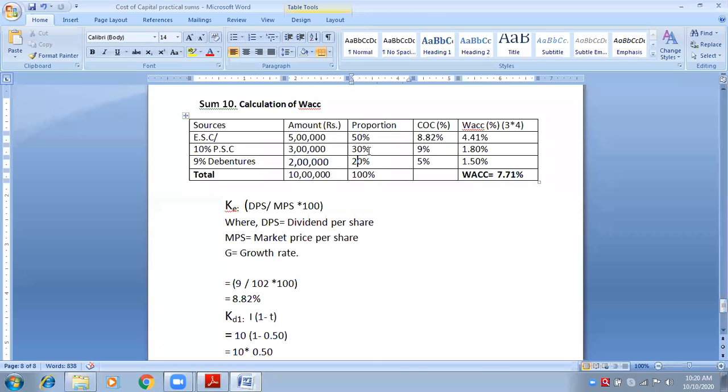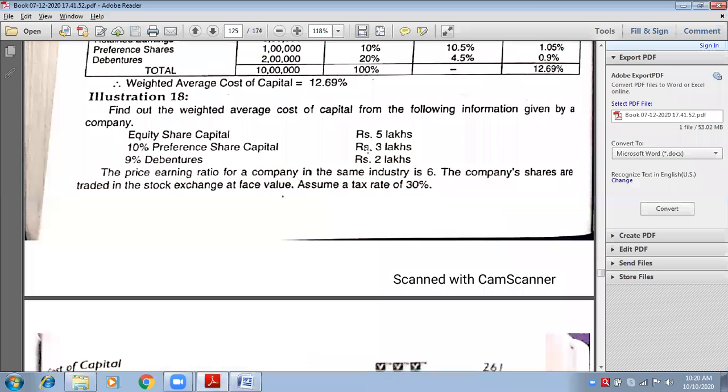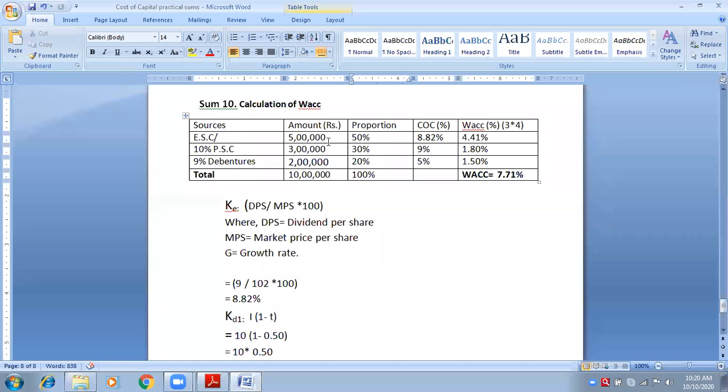Now COC, cost of capital for equity. For equity, we need to calculate. Price earning ratio is given. In short, we call it PE ratio, price earning ratio.